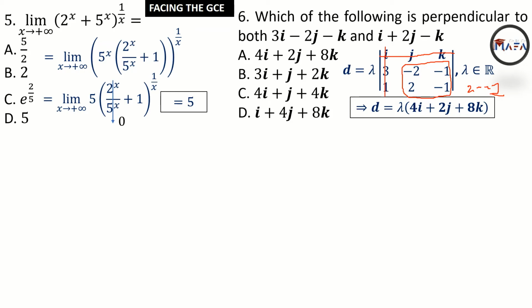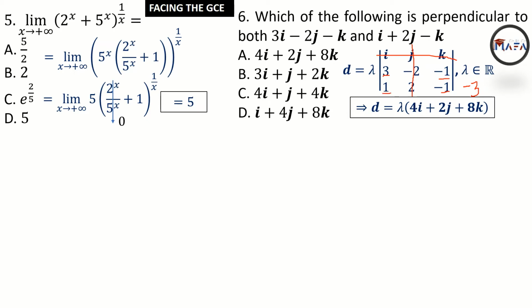Now you need to move on to the j component. And remember that the j component always has a negative sign attached to it, following the sign rule. So when you cover the j component, you have another 2 by 2 matrix, and you look for the determinant. You have 3 times -1 is -3, and then 1 times -1 is -1.